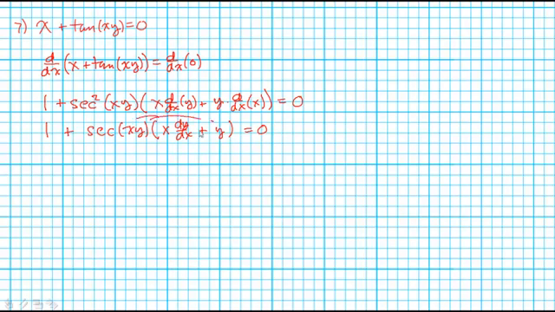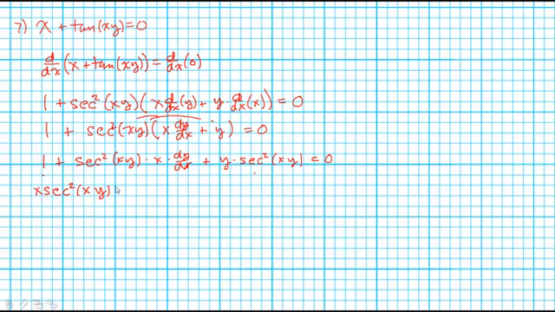Let's distribute that over both those terms, and we get 1 plus secant squared xy times x dy/dx plus y times secant squared xy, and that's equal to 0. Let's take this 1 and that term and get it over to the other side, and that leaves us secant squared xy.